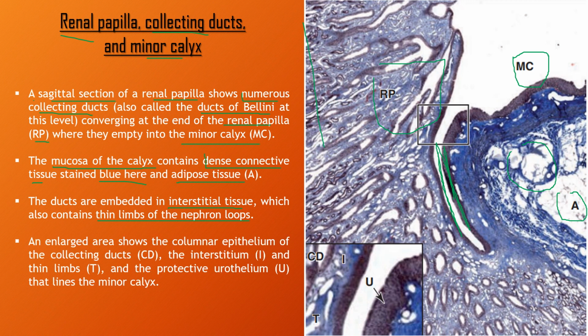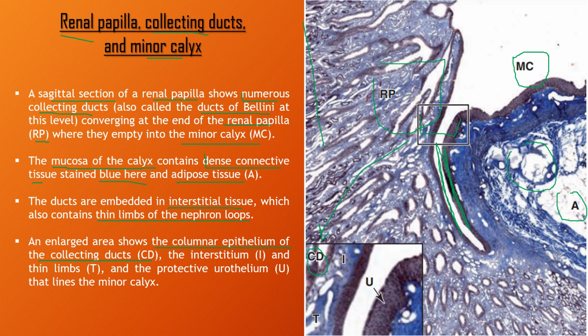This is the enlarged area, magnified here, which shows the columnar epithelium of the collecting duct.